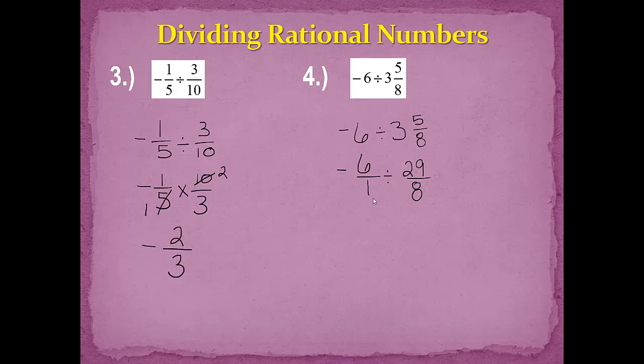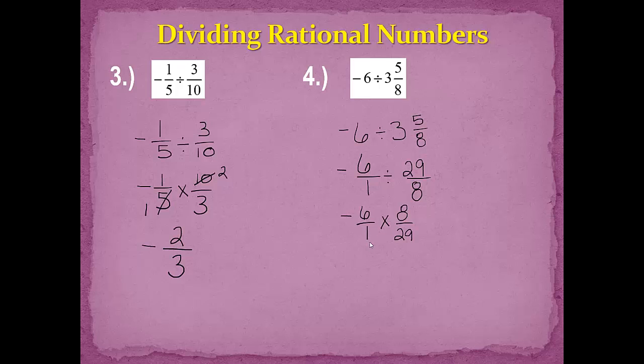Now I'm going to go ahead and multiply by the reciprocal. So my first fraction will stay the same. So I have negative 6 over 1. My division becomes multiplication, and I'm going to flip the second fraction over. So I have 8 over 29. Now I look to see if I can simplify. 6 and 29 cannot be simplified, and 8 and 1 cannot be simplified.